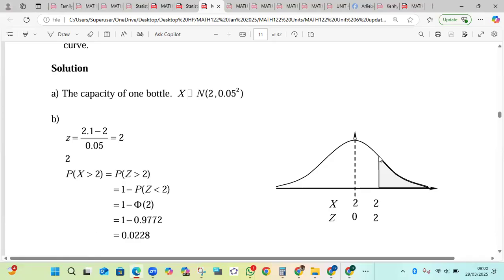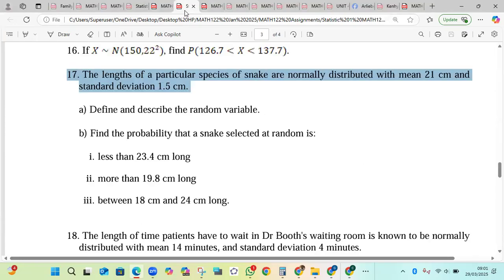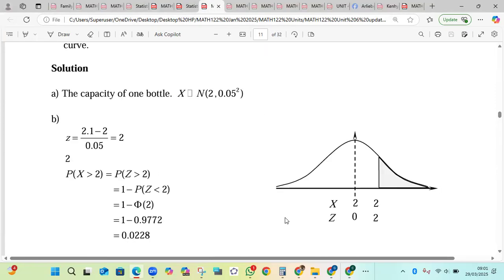The dotted line is for the mean, and the bold vertical line is for your x value. Remember, this is a number line, so 23.4 should be on the right side of 21.